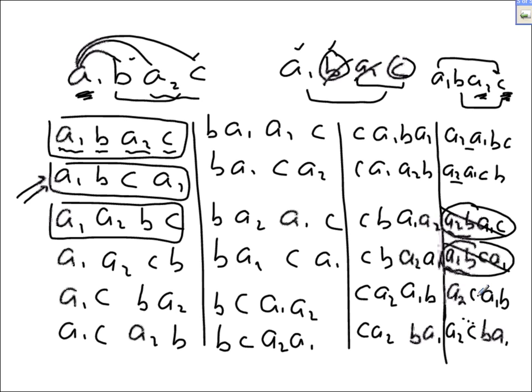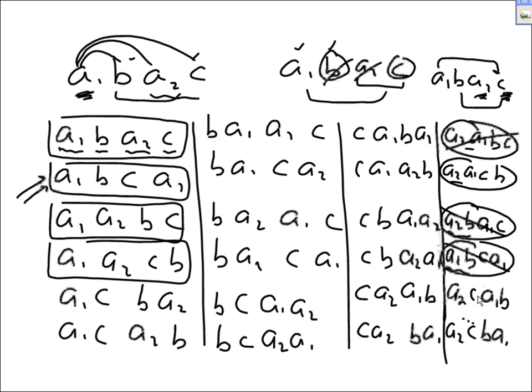This one, A2, A1, BC. This is AABC, just like the one I just put the box around. A1, A2, CB. That's the same as this one. Exactly the same. Half of them are going to be knocked out.